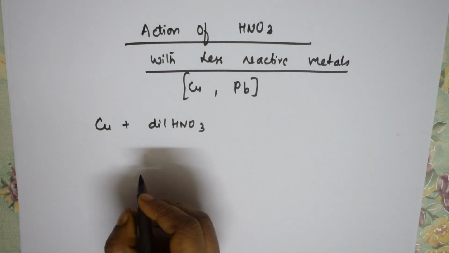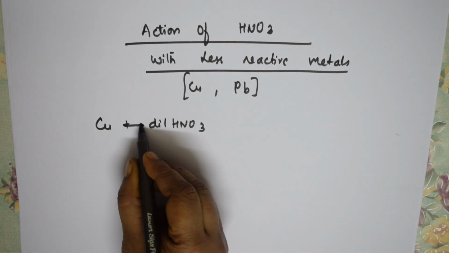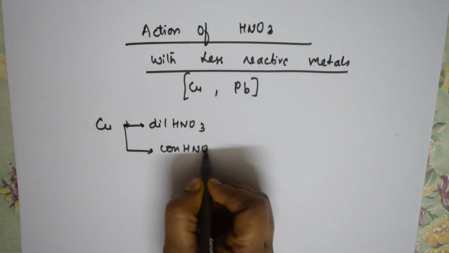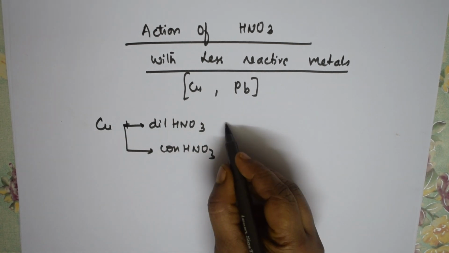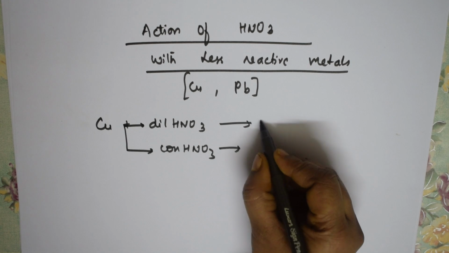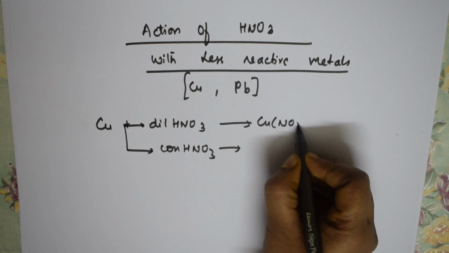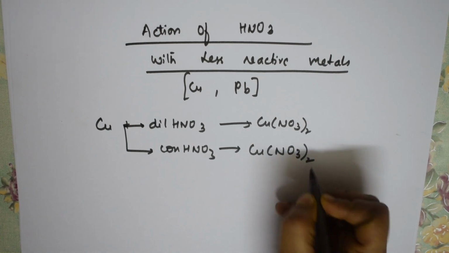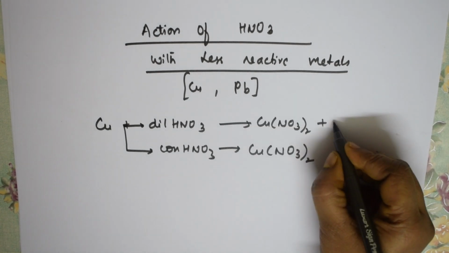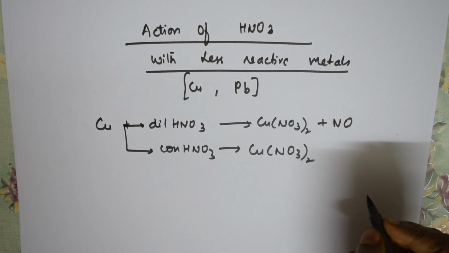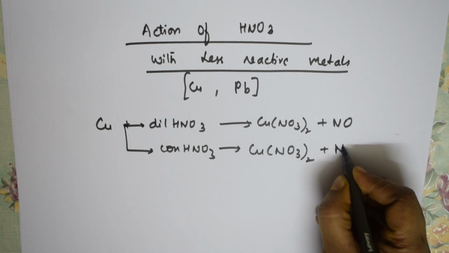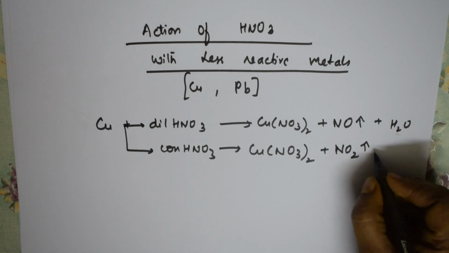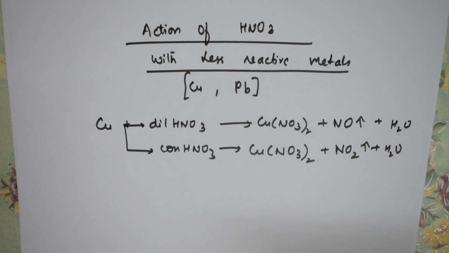I am using the same copper, I am introducing, this is dilute HNO3, this is concentrated HNO3, both. What did I say? In both the cases, it is copper nitrate only, metal nitrate. Copper nitrate, copper nitrate. But in dilute, I'll be getting nitrous oxide. In concentrated, I'll be getting nitrogen dioxide. Water, water. Simple, students? Yes.